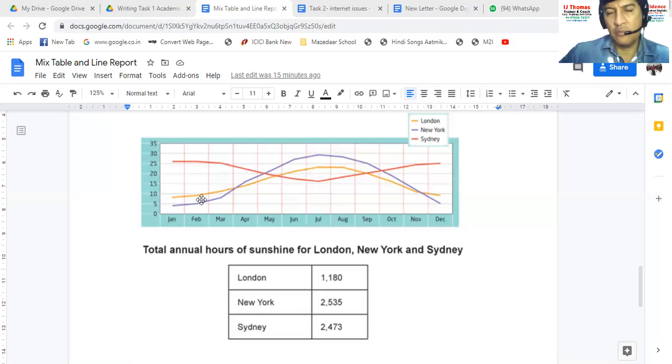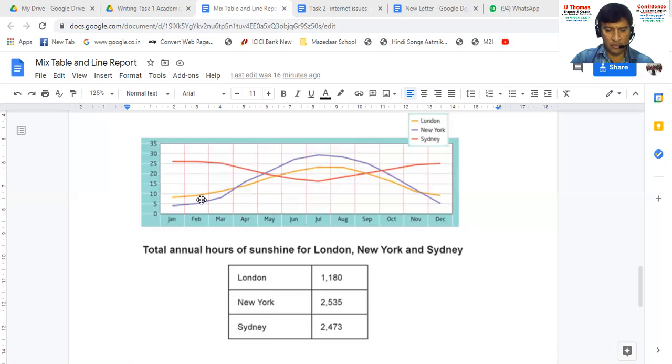You should give the data. New York touched 30 degrees centigrade and London touched just below 25 degrees centigrade, while Sydney showed just above 15 degrees centigrade in the month of July.